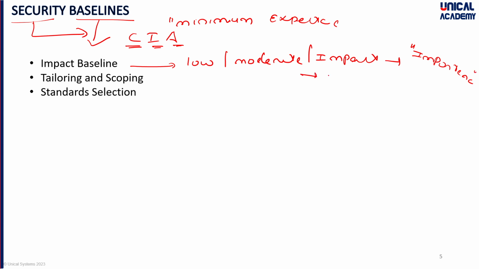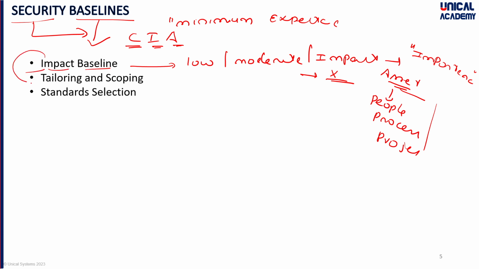Whatever information or the numbers or the names that an organization is dealing with. What is an asset? Anything that is a value add: people, process, systems, products, projects, everything is an asset. So once this impact analysis as baseline is done, then we need to work on what is covered and what sort of customization needs to be done for that covered segment.